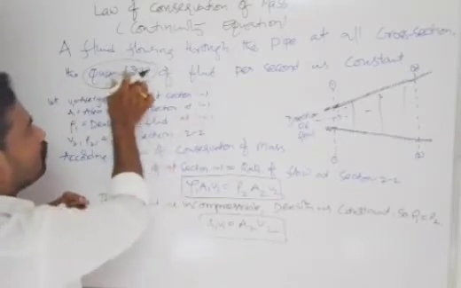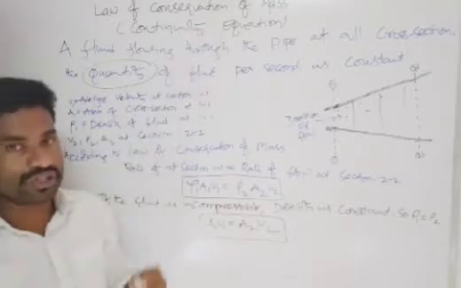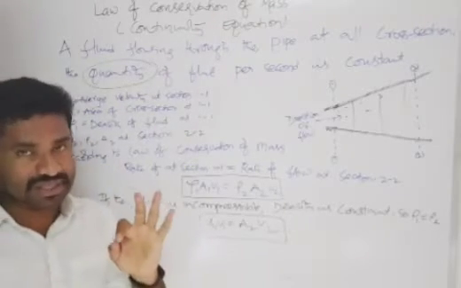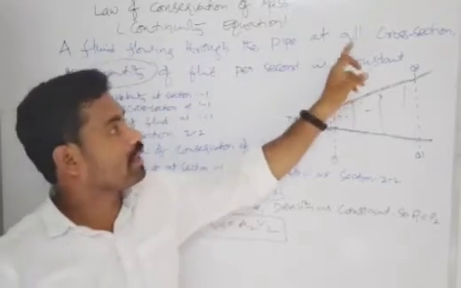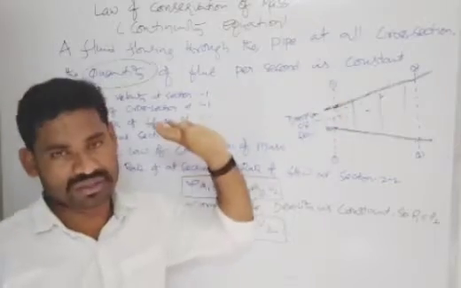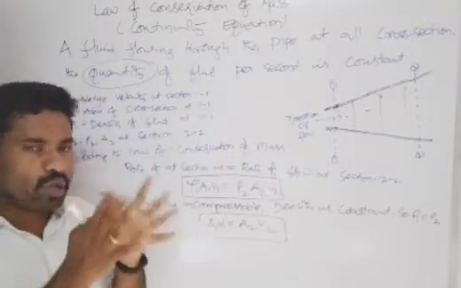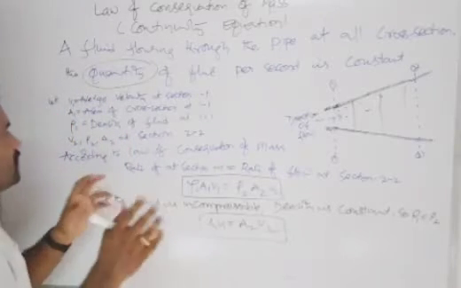So the quantity of fluid per second is constant. That is the law of conservation of mass. Very important, so once again I am going to repeat: when a fluid is flowing through a pipe, at all cross sections the quantity of fluid per second is constant, or simply the quantity of fluid per unit time is constant.